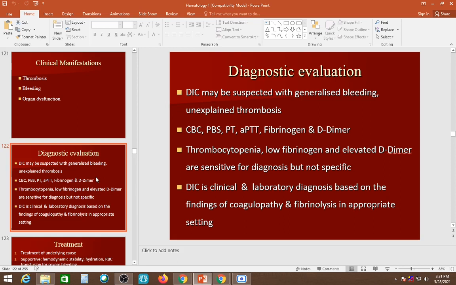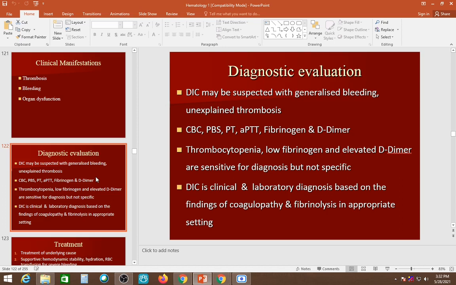So then what you have to do is go for the evaluation, send for the CBC, including the peripheral blood smear, go for the coagulation profile like PT, APTT, check the fibrinogen level and the D-dimer. So what you find here is that in the CBC you will have hemolytic pictures, right?